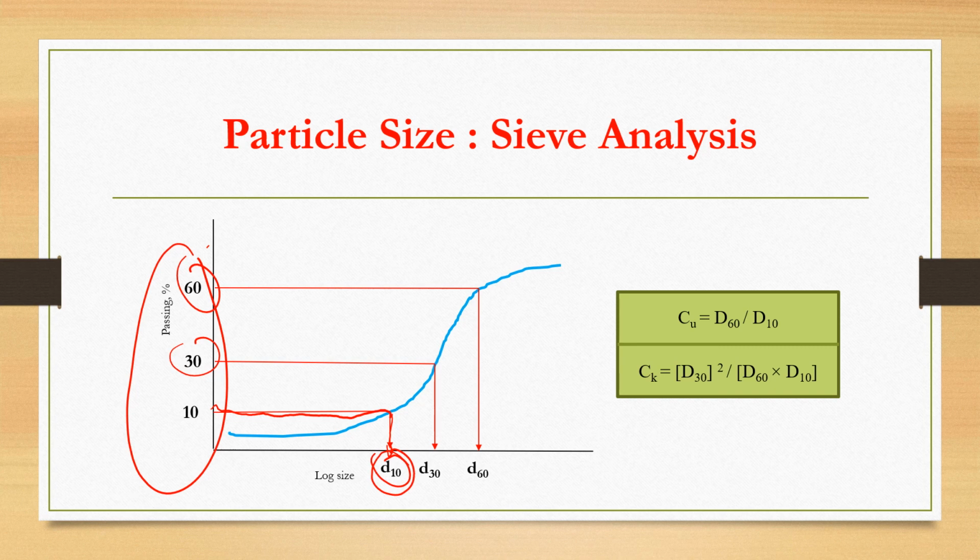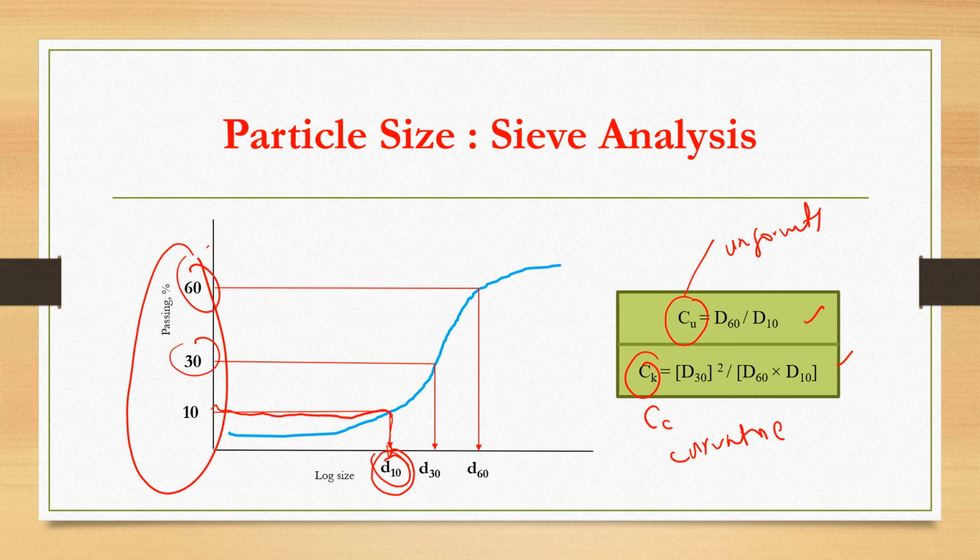From that, by using these two equations, CU, the coefficient of uniformity, and CK, also known as CC, but we normally use CK, the coefficient of curvature, we will identify based on the equations whether the soil is well graded or poorly graded.